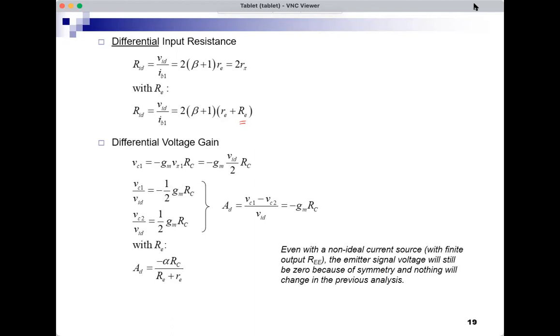If the current source in the amplifier is non-ideal, the results will not change because I will still have a symmetry in the circuit, and we can show that the signal voltage at the common node would be 0. All right, so similar results to the MOSFET case for gain, and we have a result for the differential input resistance, which is 2R pi or 2 into beta plus 1 times small RE plus RE if I have this RE resistor.